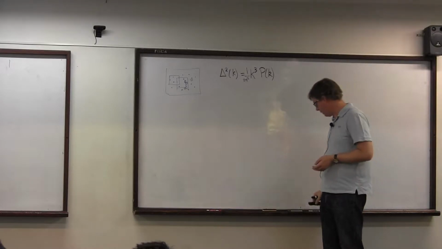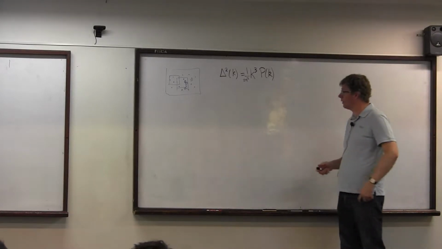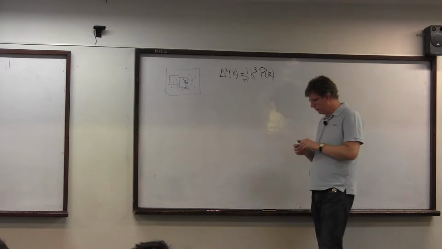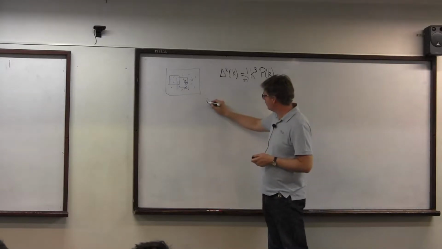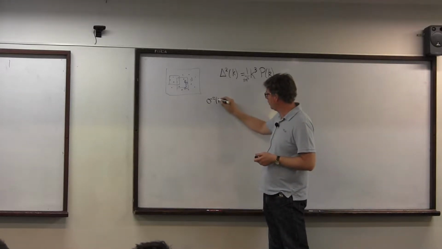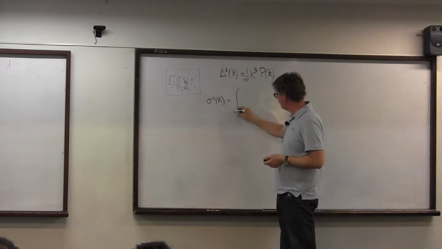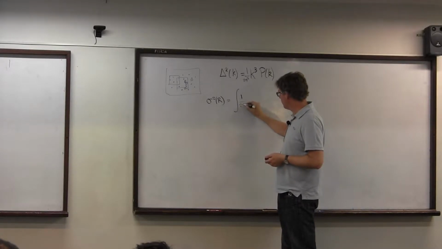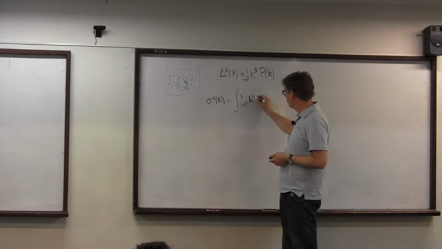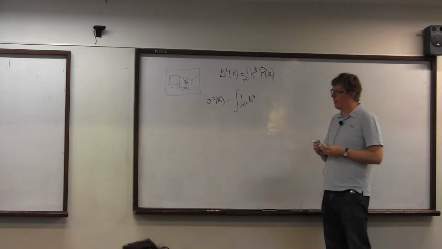Now let's look at this expression. Let me write it down. I want to calculate this sigma of r. It's an integral over 1 over 2 pi squared, k cubed, times a window function.